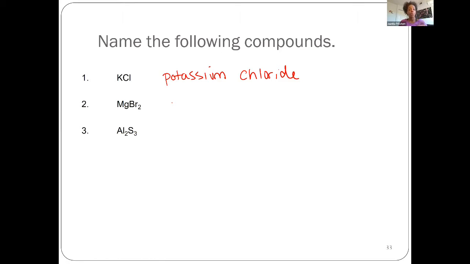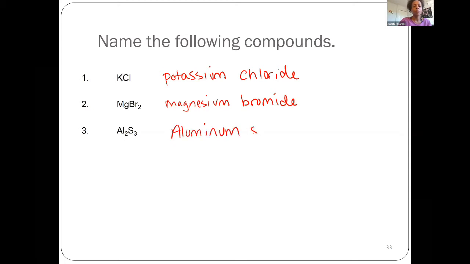We have a group 2 metal, so that means that this is a fixed charge. So I would name it as just magnesium bromide. Bromine being the anion. For Al2S3, we have a metal. We have one of our fixed metals, which is that aluminum. And so we would name this as simply aluminum sulfide.